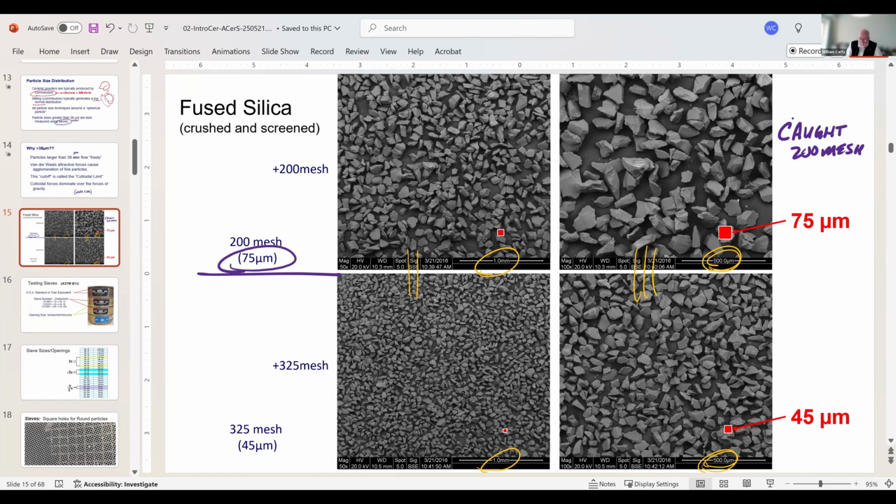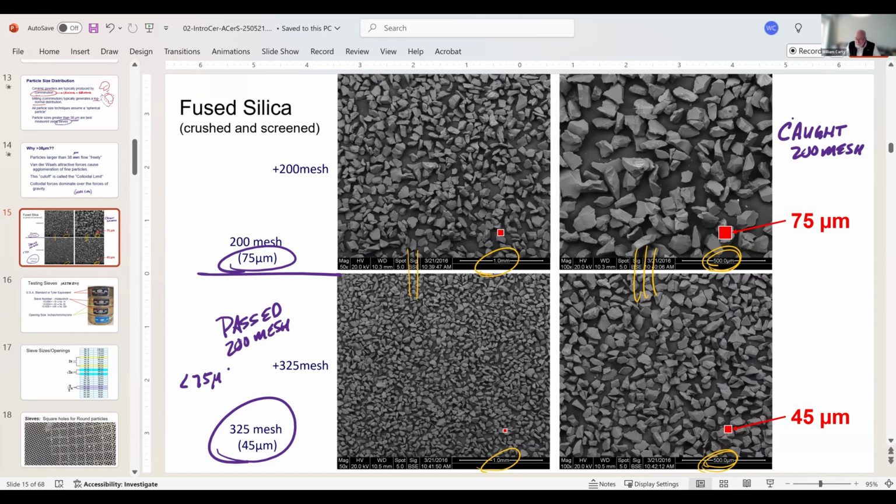These powders here, these are 325 mesh. They passed 200 mesh. So all of these particles should be smaller than 75 microns, but they should be larger than 45 microns.